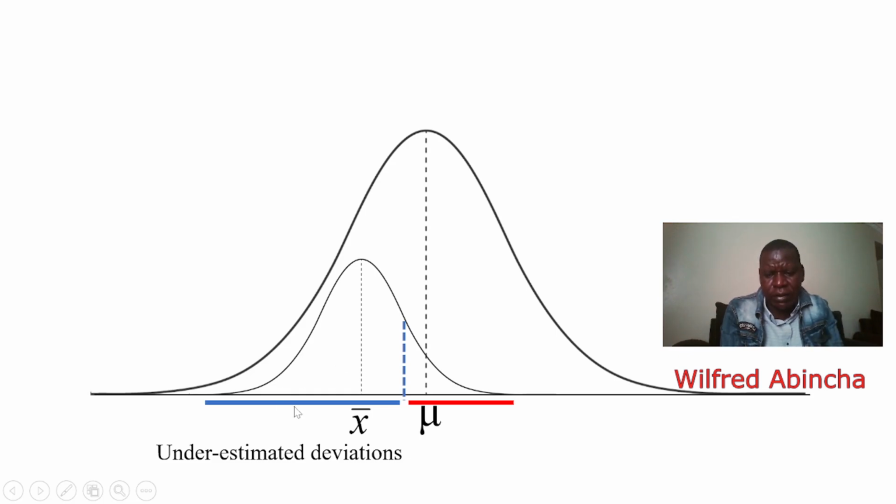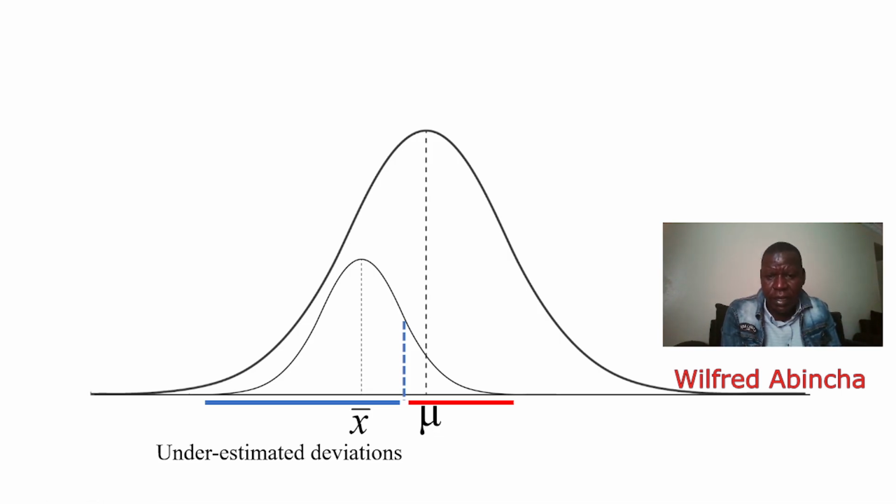In other words, these data points here, these observations, give an underestimated deviation. They underestimate the population. I also want you to note that in this sample, the majority of observations are underestimated, while a few of the observations here are near the population mean.